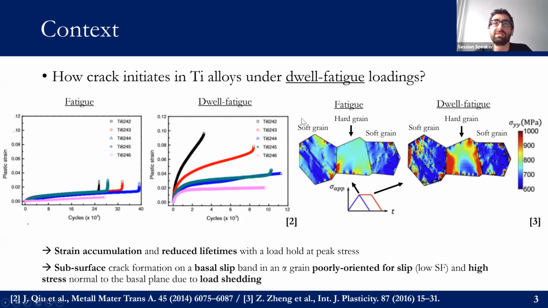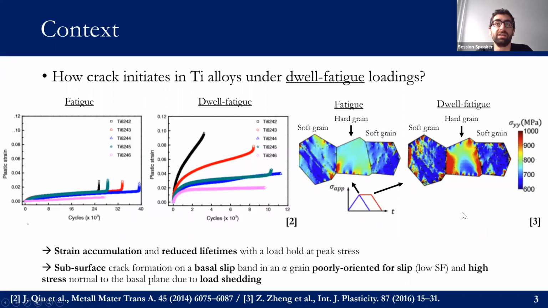In these soft grains, basal or prismatic slip is easy. During the load hold at stress, cold creep occurs, and because of strain incompatibilities across the grain boundaries between soft and hard grains, the stress level in the hard grain increases and then triggers facet formation.